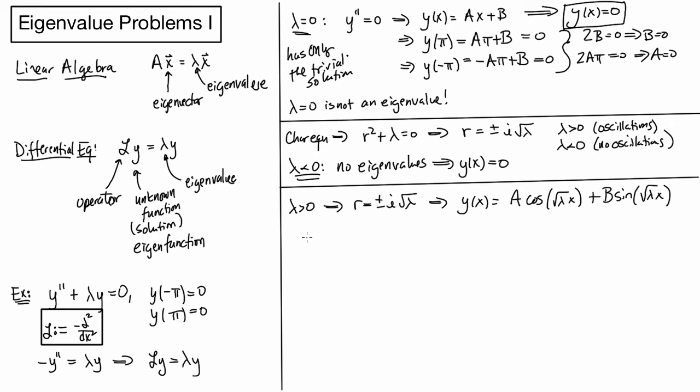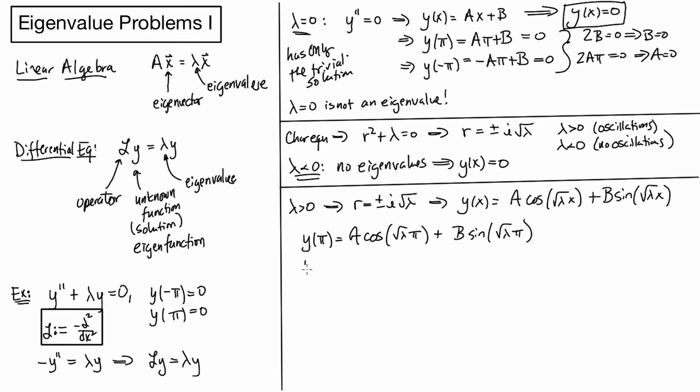And applying the boundary conditions, we end up with y at pi is a cosine square root of lambda pi plus b sine square root of lambda pi.